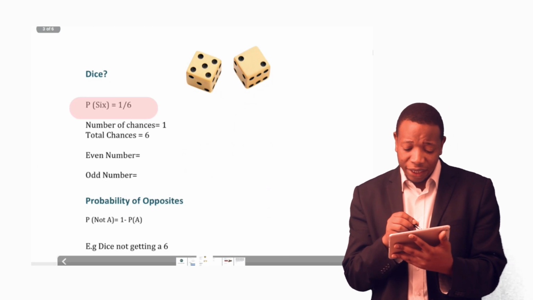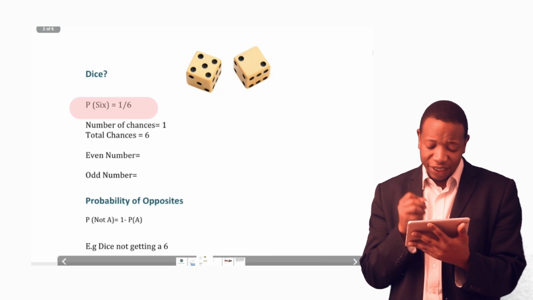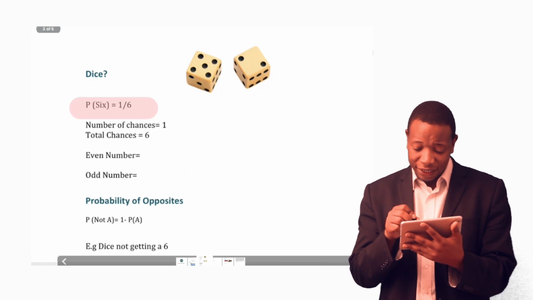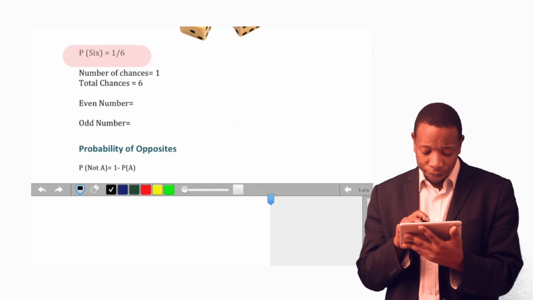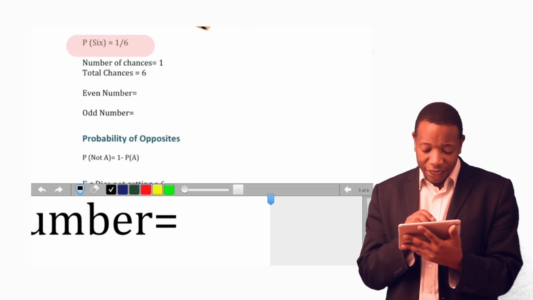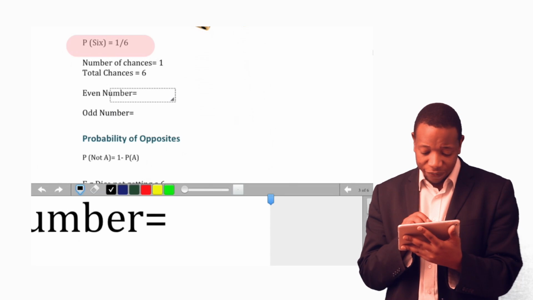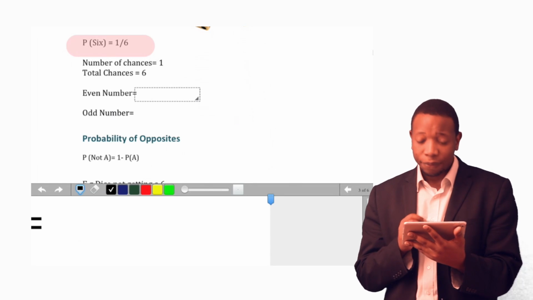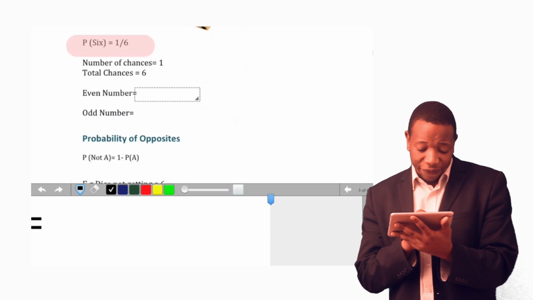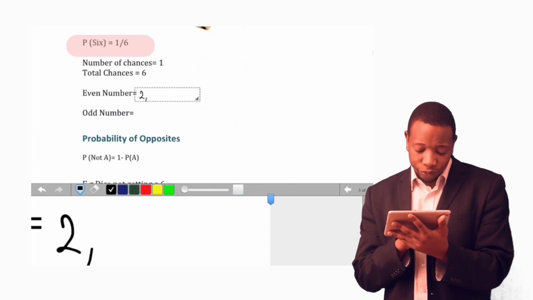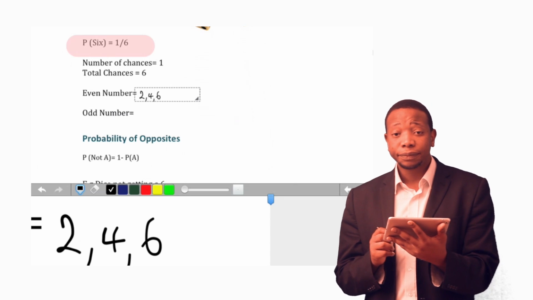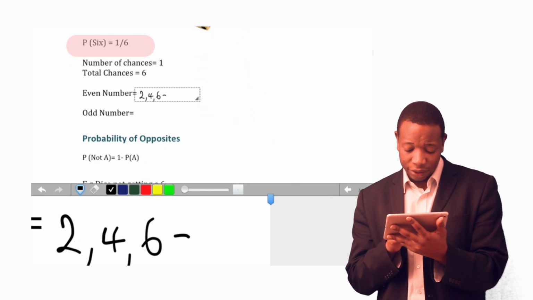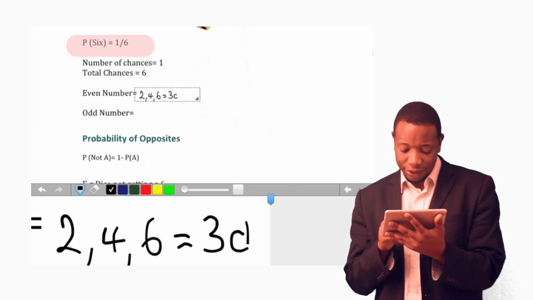Then if we're looking at the probability of getting odd numbers and even numbers, we're looking at the number of chances we have. The even numbers that we have are 2, 4, and 6. That should give us 3 chances.